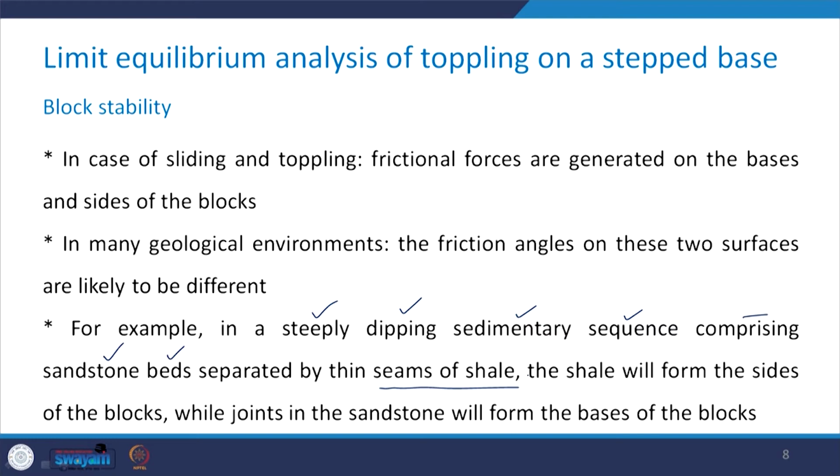In this case the shale will form the sides of the blocks while the joints in the sandstone will form the bases of the blocks. And the moment the material at the base and the side of the block is different, most likely the friction angles will also be different on these two surfaces.